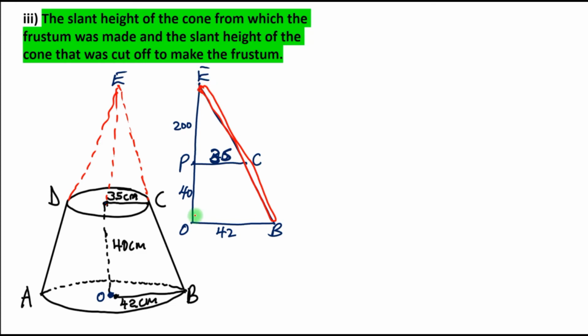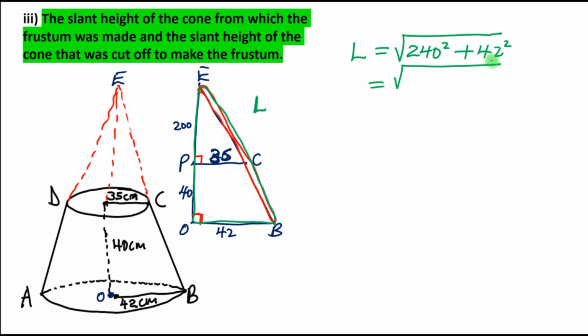Since this is a right-angled triangle, we are going to use this triangle to get the slant length, which we call capital L. So L will be equal to the square root of 200 plus 40, that is 240 squared, plus 42 squared.